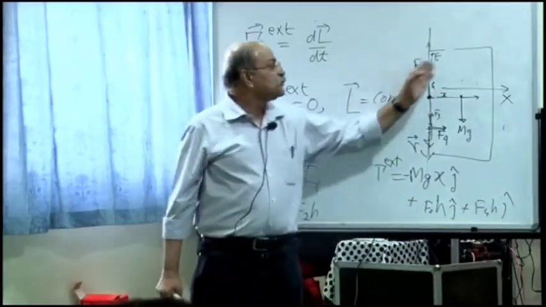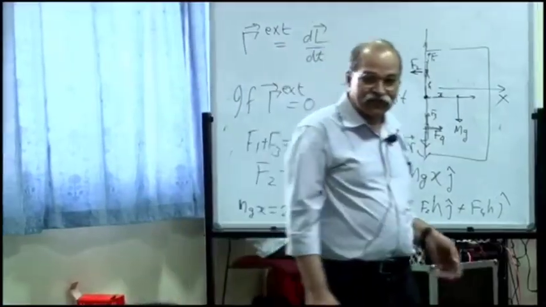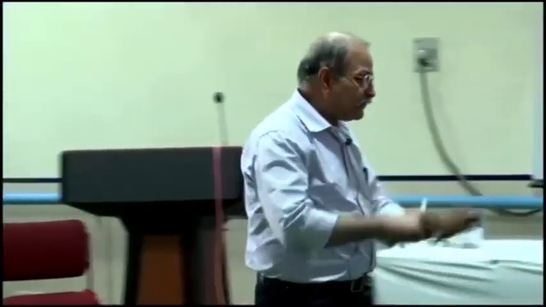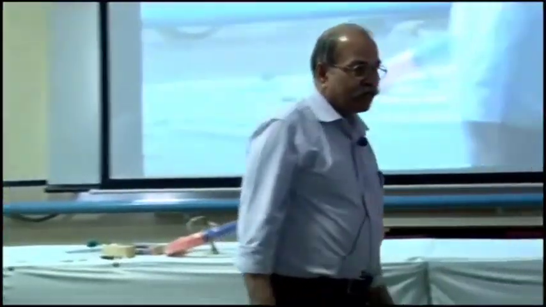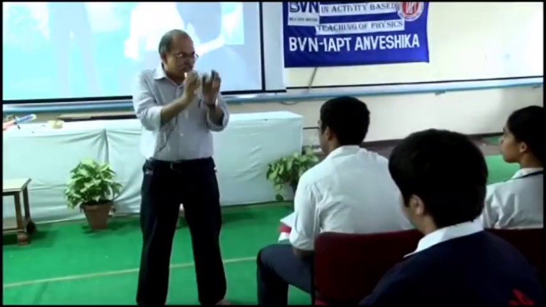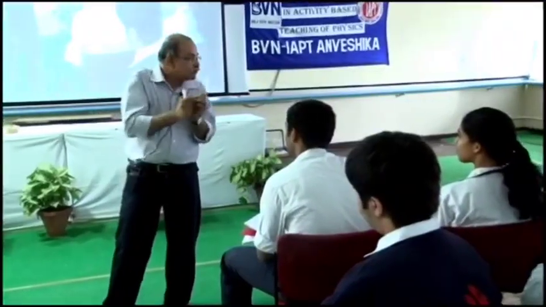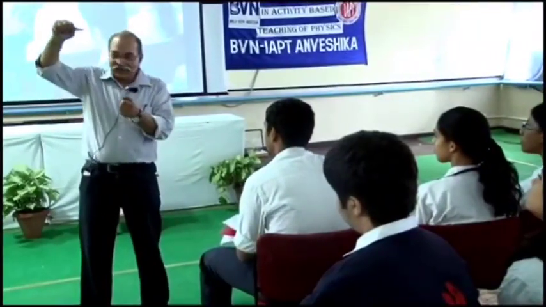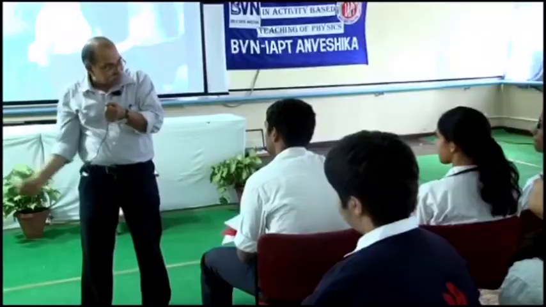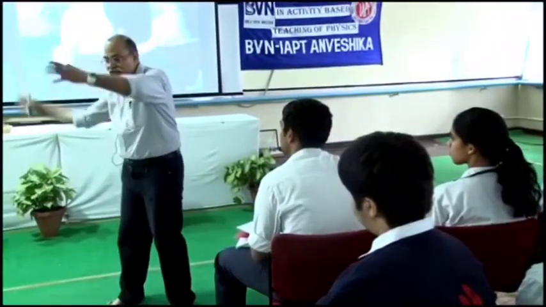If you put F2 in this direction and F4 in this direction, you will be lost. There is another way which you can understand qualitatively. If the hinge is not there, or the hinge is there but it is not exerting proper forces, some screw has gone loose, then because of this mg, the door will try to turn.